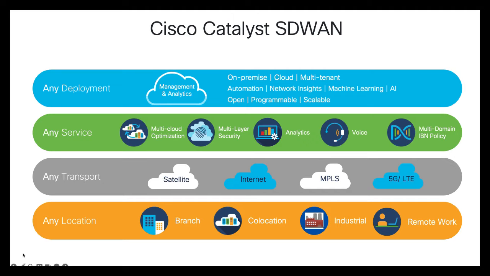So the entire network should be able to be managed in a single pane of glass, with both on-premise or cloud and hosted options. They should be multi-tenant. They should have advanced analytics capabilities so that you can extract data from your network and gain insights into the performance and other aspects.